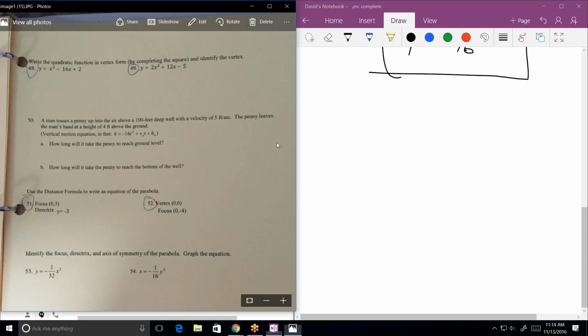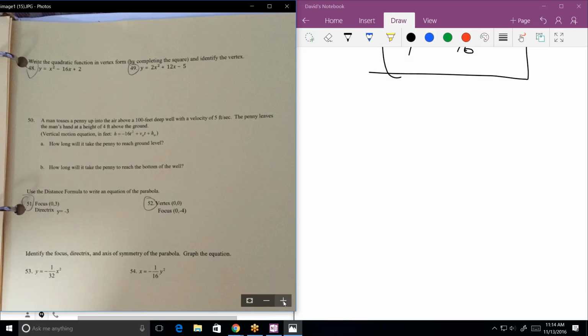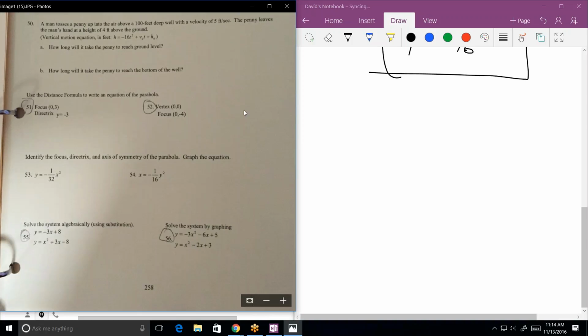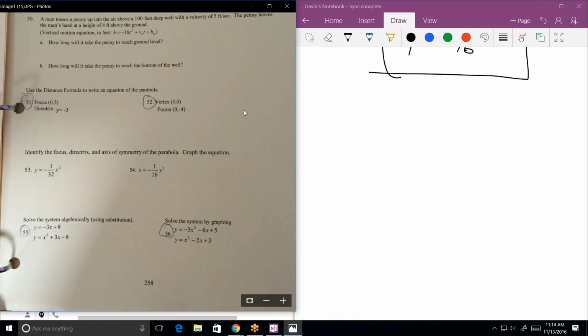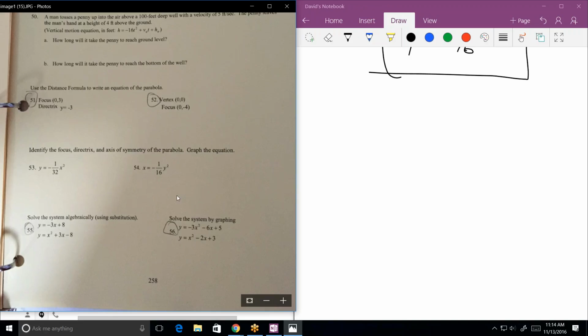All right, let's see. So should I go to the next page? Can we do 56 all the way at the bottom? You want to do 53? 56. Oh, 56 at the bottom of this page? Oh, I see it. Yeah. Okay. And 55, I assume? Mm-hmm. Are you sure, Mark?